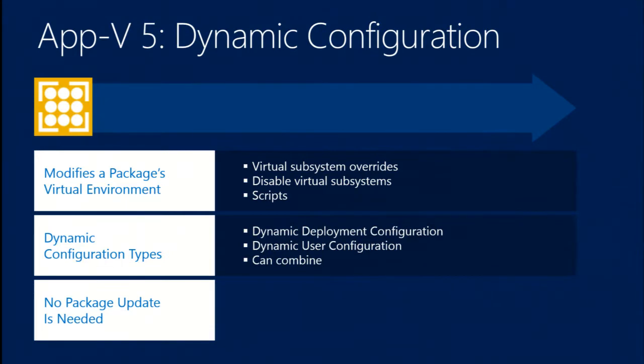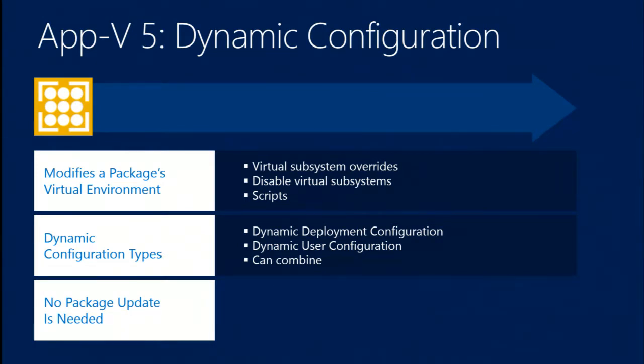There are two different types. There's one that's called a deployment config file, and there's one that's called a user config file. And the deployment config file is meant for all the users on that machine. So if it's an RDS machine, for example, you push it out, you make a change in the deployment config, it'll affect all the users on the machine. If you want it to just be for a particular user, then you push out a tweaked user config file for that user.